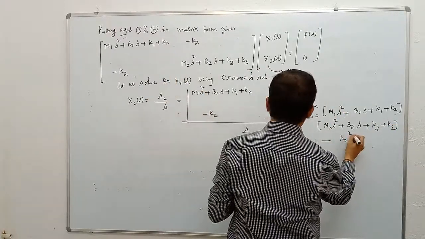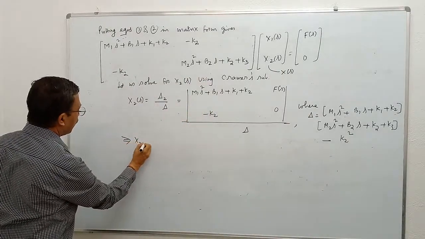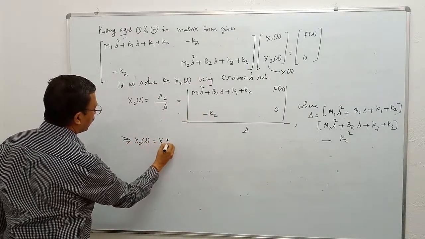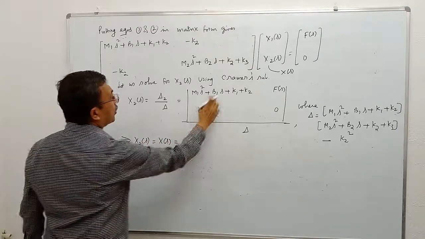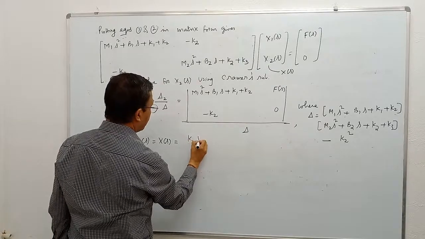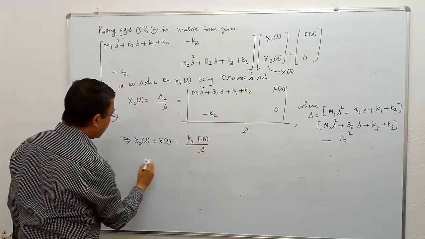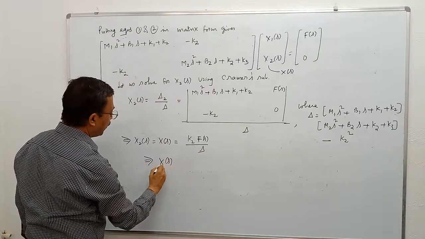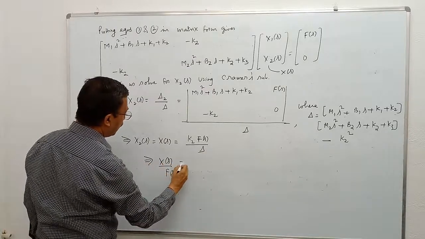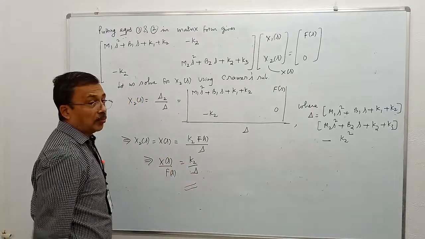This is what delta is. This implies x2 of s, which is x of s, is equal to this into this, which is 0, minus this into this, which means you get k2 into f of s divided by delta. This in turn implies x of s divided by f of s is equal to k2 divided by delta. This is how the problem is solved.